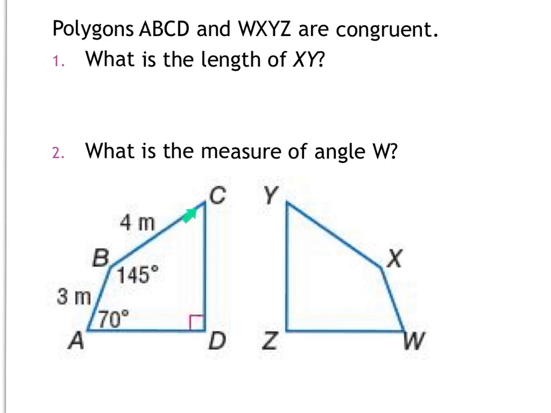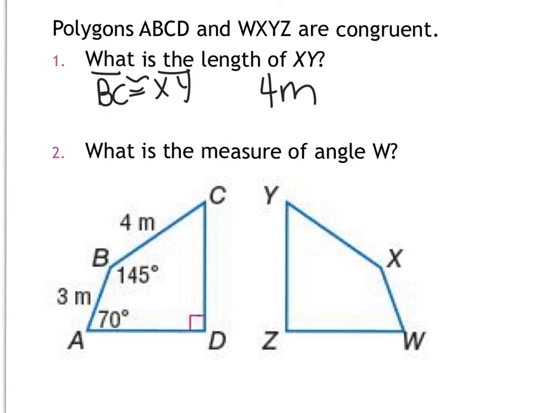So BC would be corresponding with that, and since BC is 4 meters long, that means XY is also 4 meters long, because like I said, BC is congruent to XY.